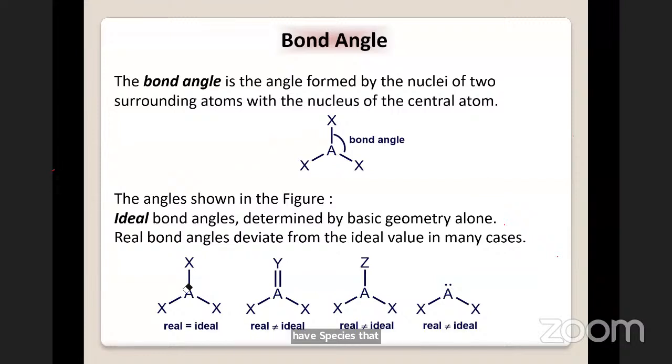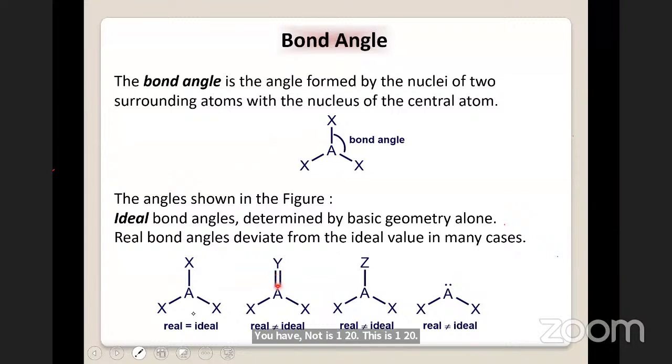that will create, for instance, this is a real case of the shape where you have a shape that is 120. This is 120.